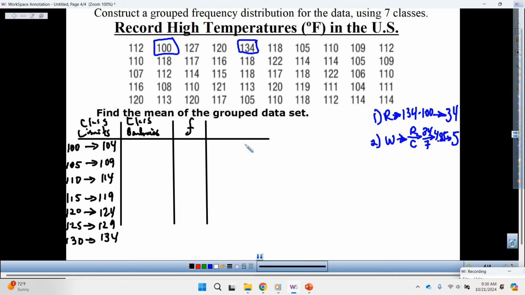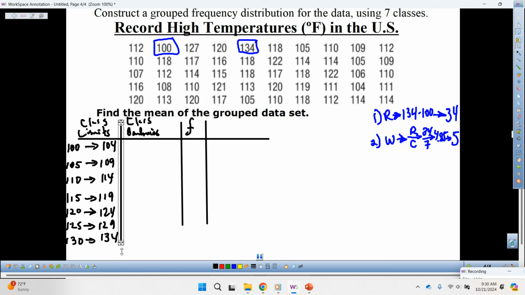All right, boundaries, set them up, please. All right, for the first class, boundaries, can you give me those, please?